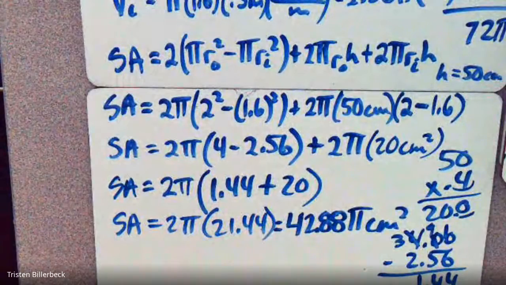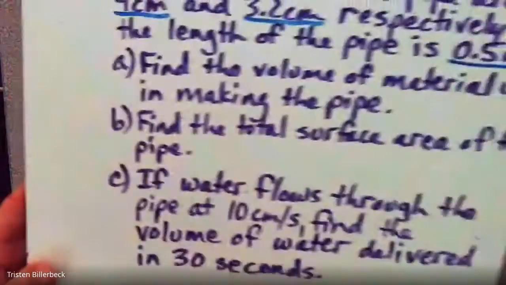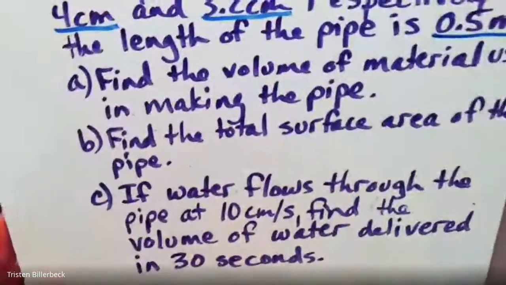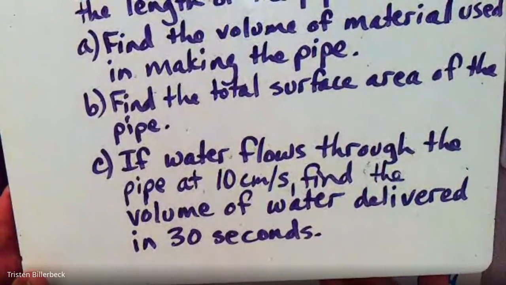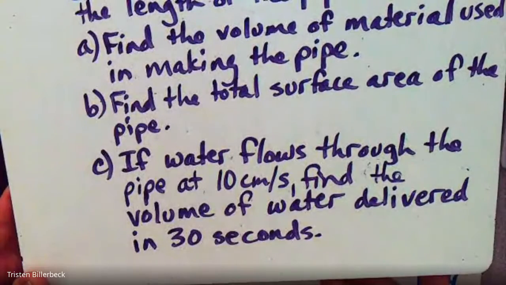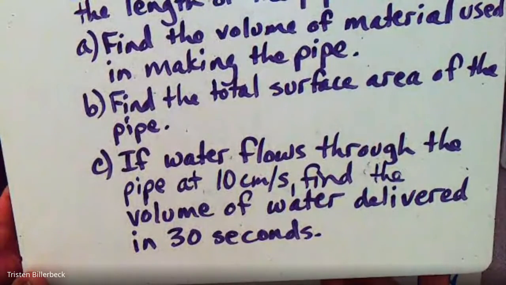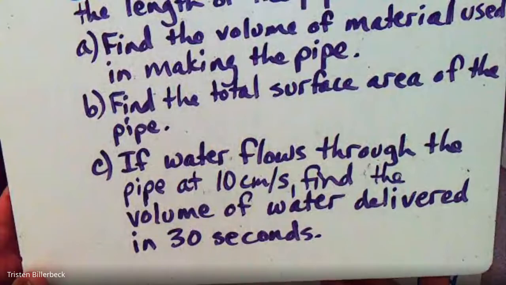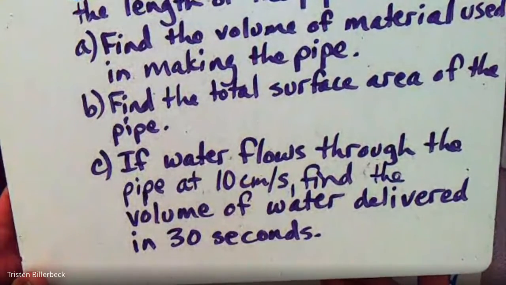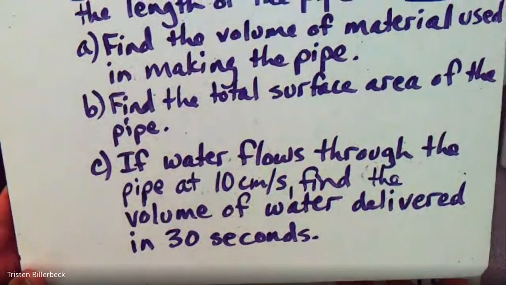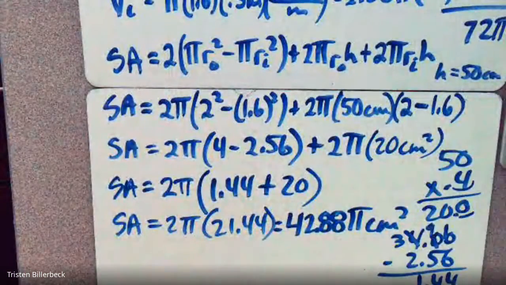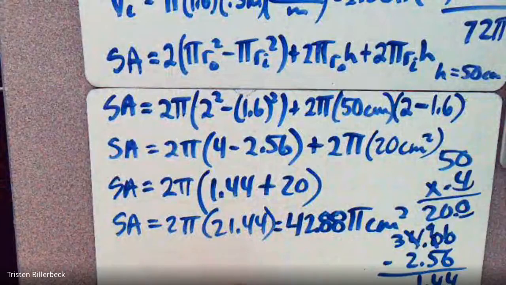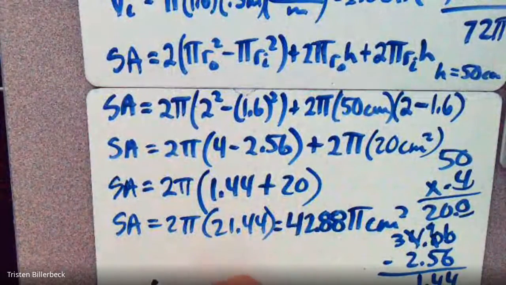Now, the last question. This is kind of like one of my engineering questions in college. If water flows through the pipe at 10 centimeters a second, find the volume of water delivered in 30 seconds. So water is flowing through the pipe at 10 centimeters per second. So that's our rate. 10 centimeters per second.